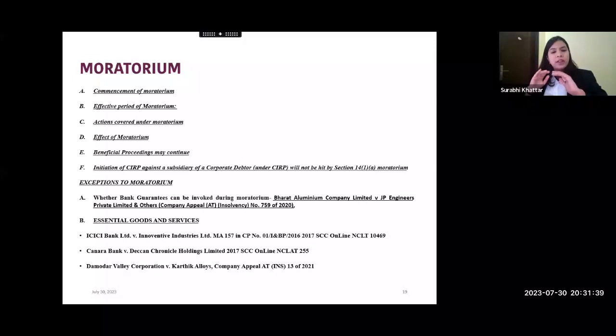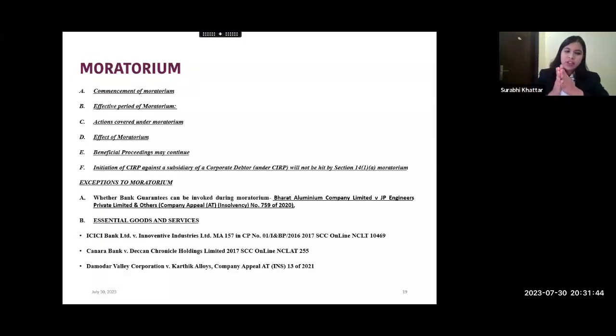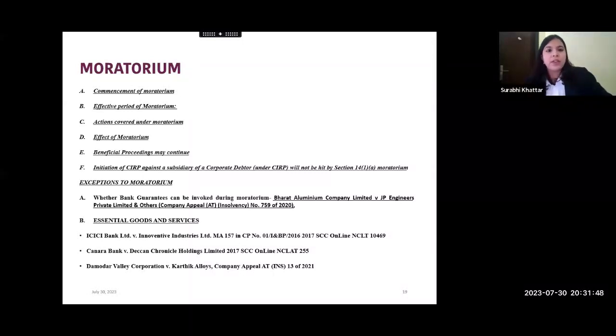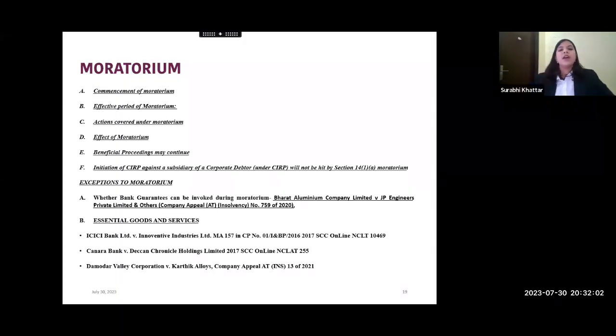If, however, the corporate debtor is sent into liquidation, then the Section 14 moratorium will end. However, as per Section 33, subclause 5 of the Insolvency and Bankruptcy Code, moratorium under the liquidation process will begin. The purpose of the moratorium, as I was explaining earlier, is to keep the assets of the corporate debtor together. Otherwise, individual creditors may enforce their rights, and that may cause difficulty in the effective resolution of the corporate debtor in its entirety.